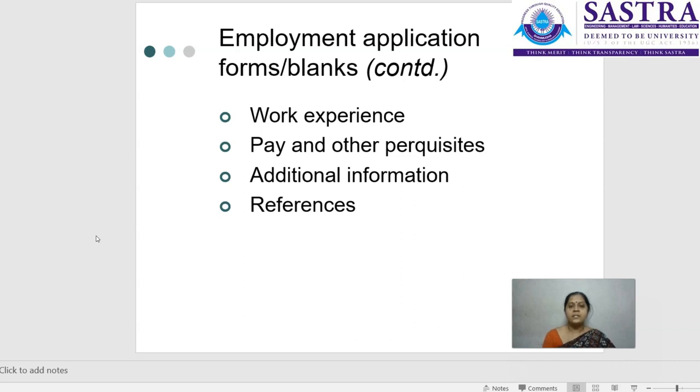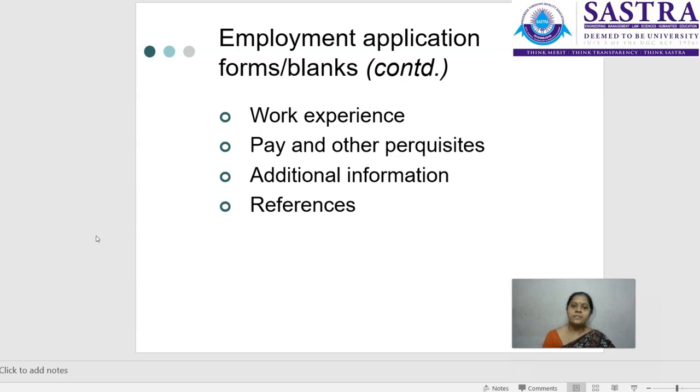All that is provided under work experience. And the next one is pay and other perquisites. These are some of the information about the candidate's expectations about the salary and other sorts of benefits.